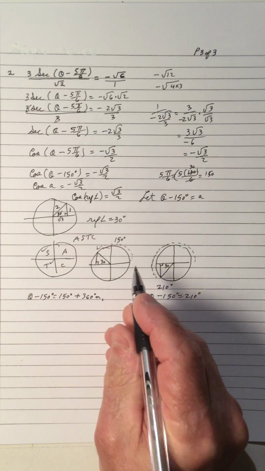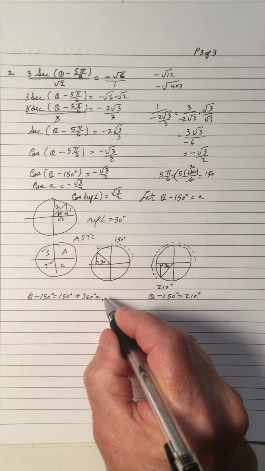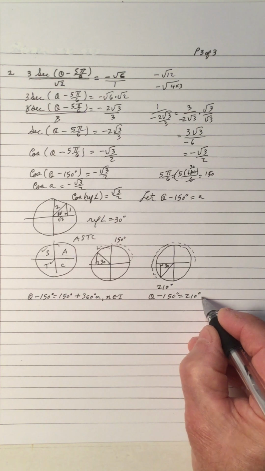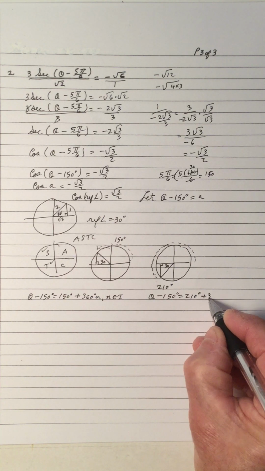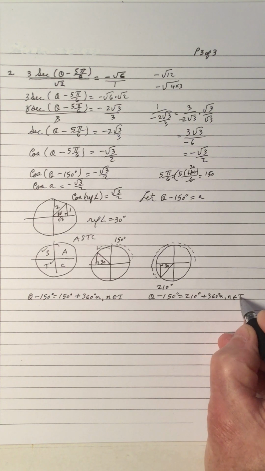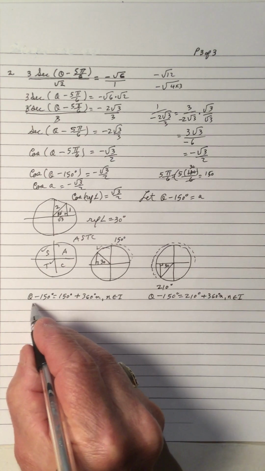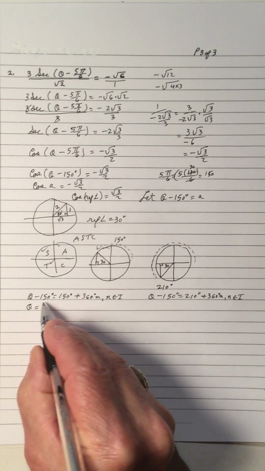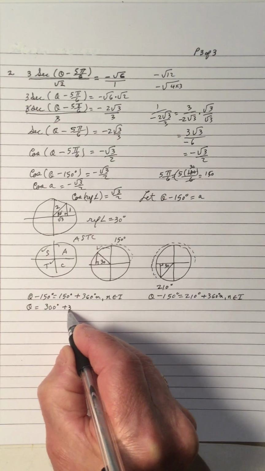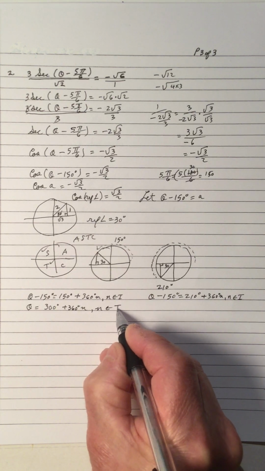Again, repeat: tan and cot have a 180 degree period, and the other ones have 360. So this one is 360 degrees, the period, times n, where n belongs to the integers. So we just got to add on the 150, so bring it over. That's 150 plus 360n.